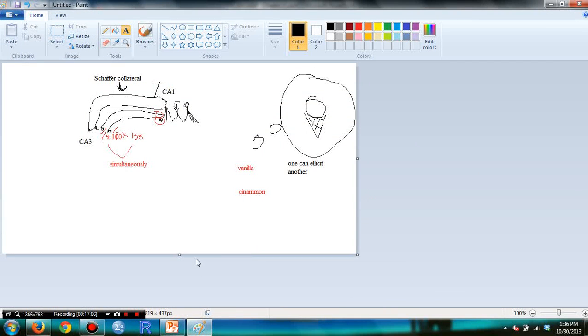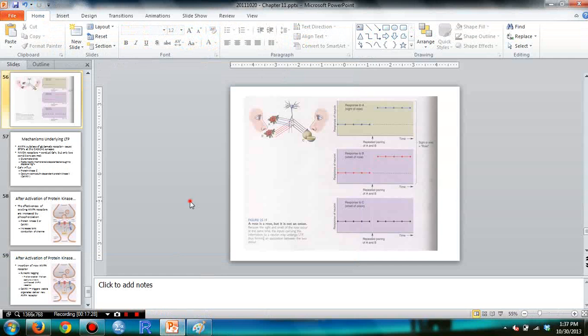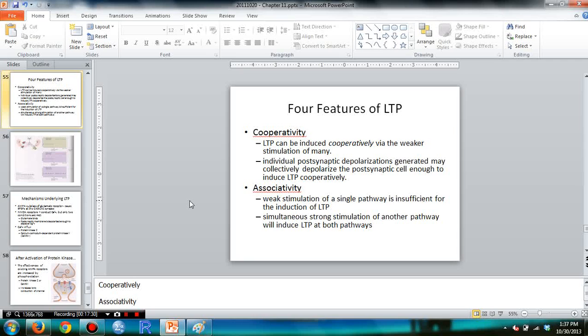And there's a lot of learning phenomena on that idea that weak stimuli can actually cause some learning. But I actually think the next idea is a little bit more interesting, though that's my personal preference. Here is the idea that it's associative.